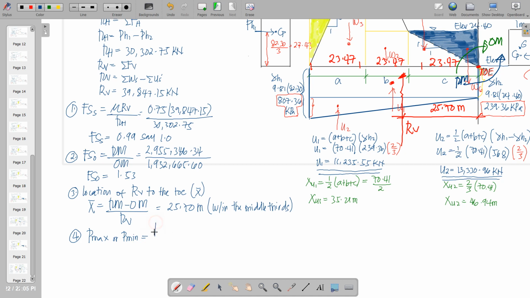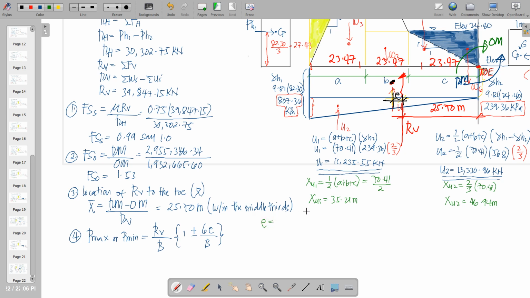We have derived this previously to be equal to RV all over B times 1 plus minus 6E all over B. Here E will be this dimension, from the center to this location of RV. What is the difference?